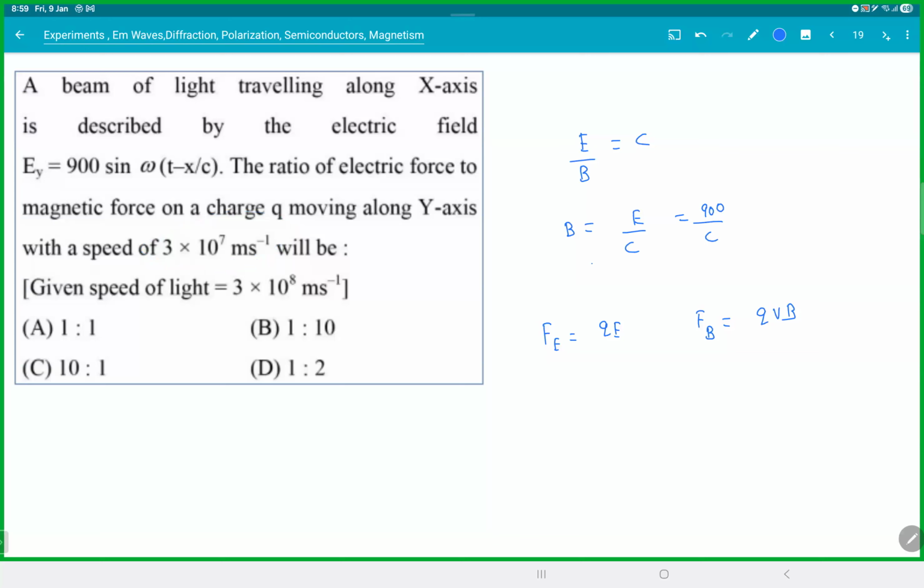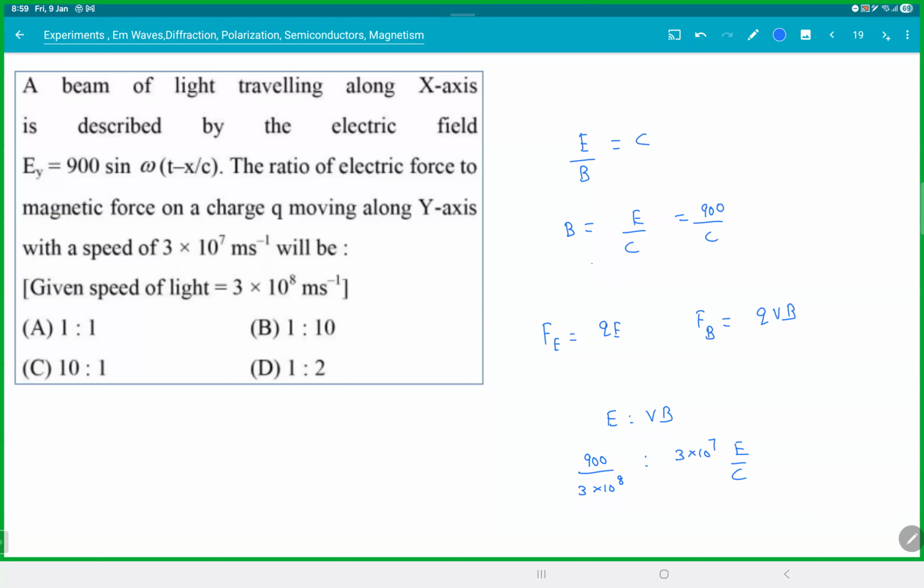That's a good number. So the ratio indirectly is E is to VB. E will be 900 by C, which is 3 into 10 power 8. B is also E by C. V is 3 into 10 power 7.